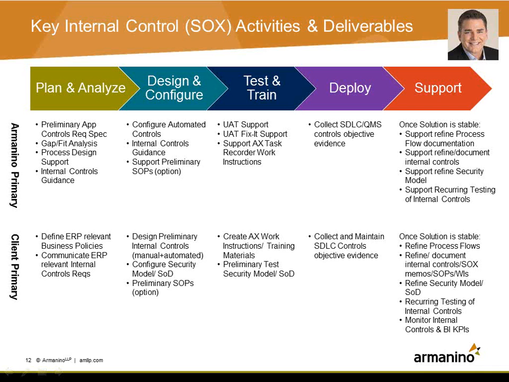In the design and configure phase, or the development phase, in this space, we're doing the actual configuration of the relevant automated controls, the security model. And here we actually have a choice, I think. We'll get into this more a little bit later as well. But we are building business process design, business process flows as part of any ERP implementation.